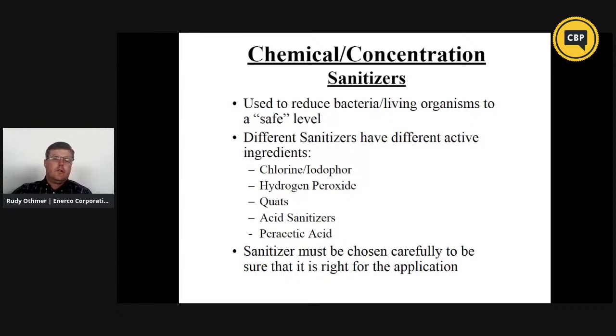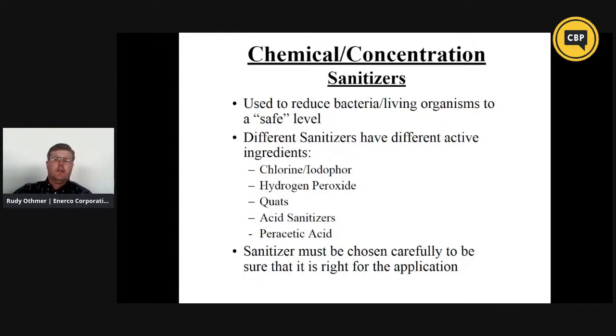in small breweries, we don't see quats very much at all. Larger breweries will use quats for area sanitation. You don't want to ever use a quat on any beer contact surface because it is unrinsed.